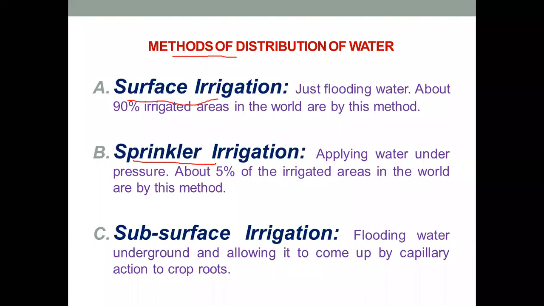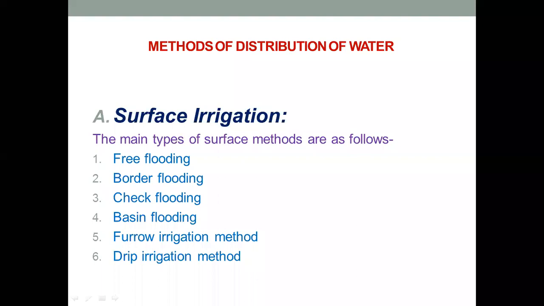The second one is the sprinkler irrigation method, and the third is the subsurface irrigation method. Now we had started with surface irrigation method, in which we saw 6 different types of surface irrigation method.